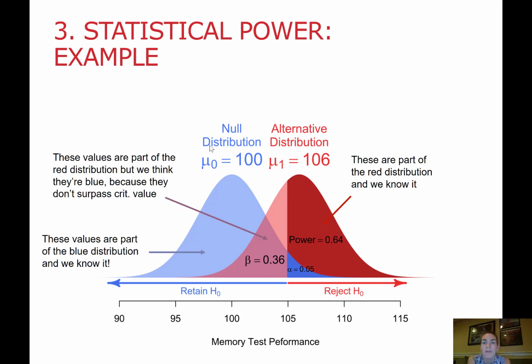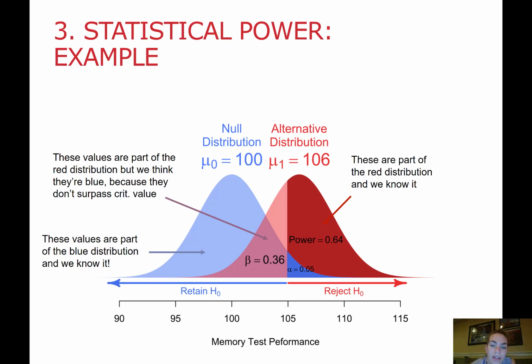Let's say they're part of population 1, the treated group. But we might believe that they belong to the blue group because we were not able to detect a significant result, right? You can see that those values exist to the left of the critical value on the comparison distribution.